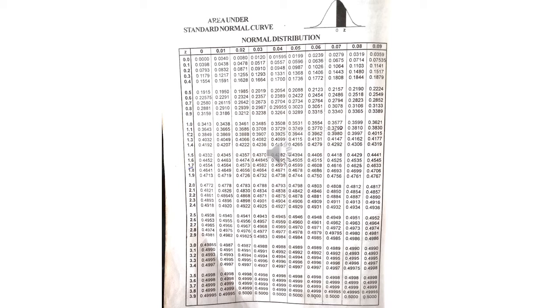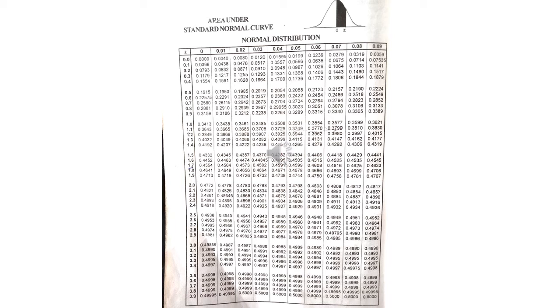It is 0.1480. Okay, and sometimes you may get a negative value for Z. For example, Z is equal to minus 1.73. In this table we have only positive values. That means the area is always given for positive values.